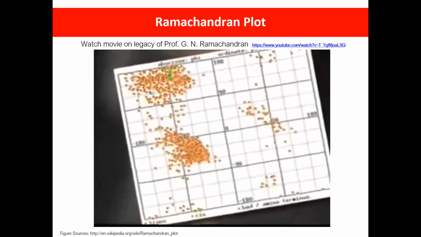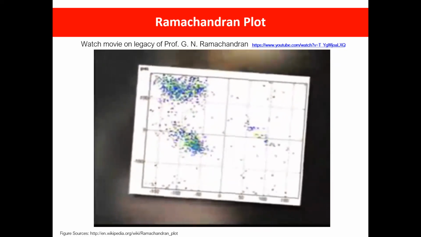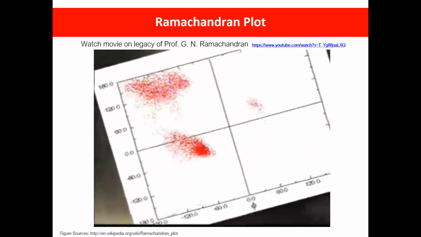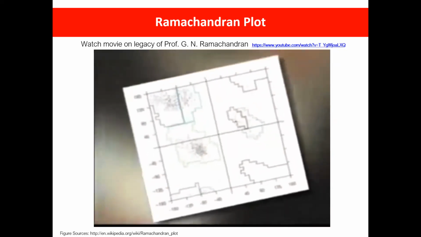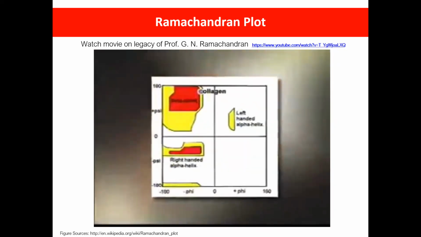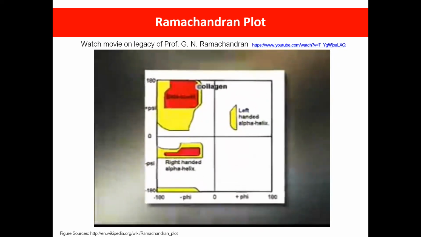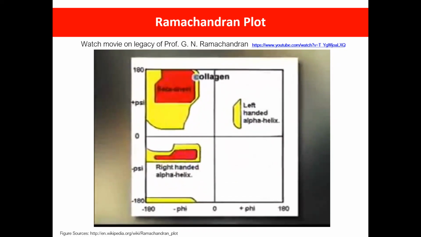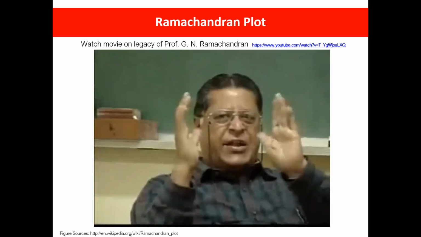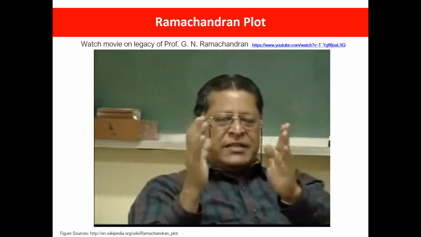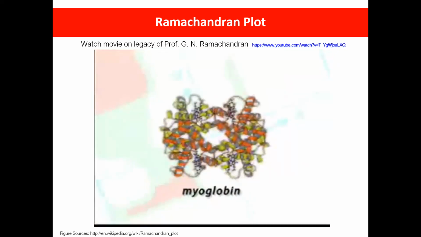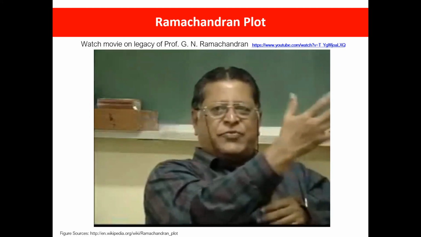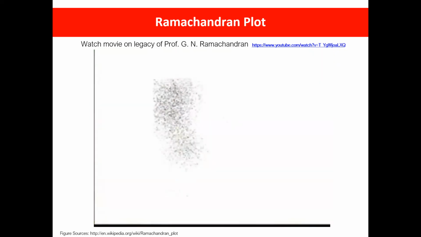The Ramachandran diagram provides a simple two-dimensional graphic representation of all possible protein structures in terms of the rotation angles. The analysis was simple and elegant, but because of its apparent simplicity, the power of the technique was not fully realized immediately. Everybody thought this is only a theoretical one, it will lie there like this. But when the first structure of myoglobin was solved and it was plotted on the map, the points just fell into the map.